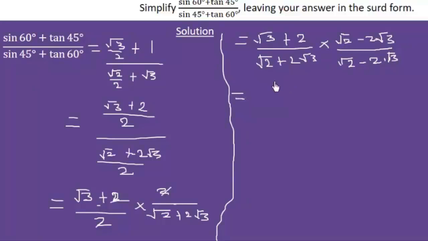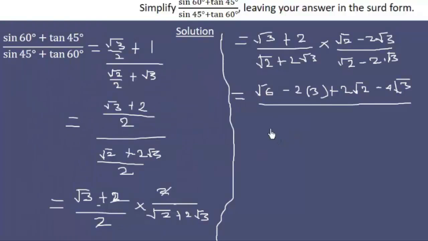Root 3 times root 2 will give us root 6. Then root 3 times this will give us negative 2 times 3, since root 3 times root 3 is 3. Then we also have 2 times root 2, we get plus 2 root 2. Then we have 2 times minus 2 root 3, we get minus 4 root 3.